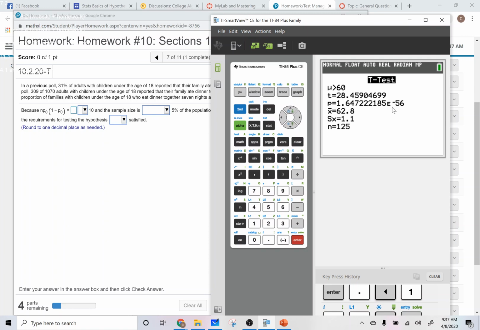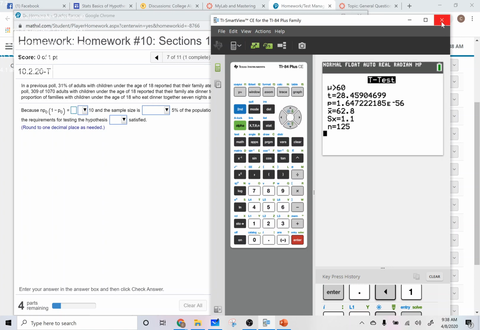If you get e to the negative 56, then that means that you move the decimal 56 times to the left. So that's 0.000. Very, very small. So there is a high chance that it is greater than in this case. The p-value will definitely be less than any alpha you can choose, unless you choose 58 zeros or something.